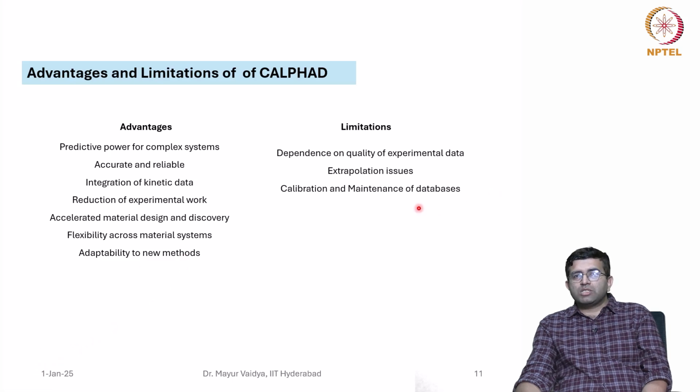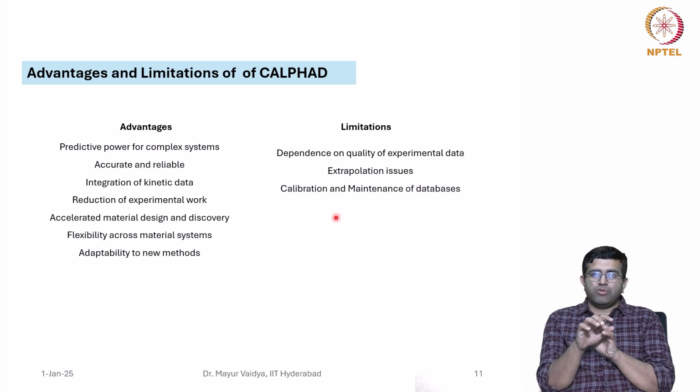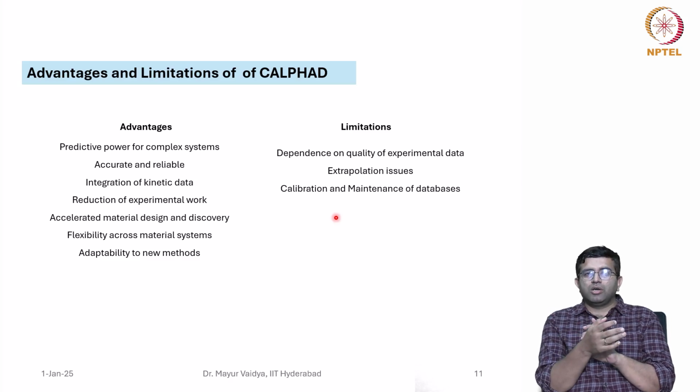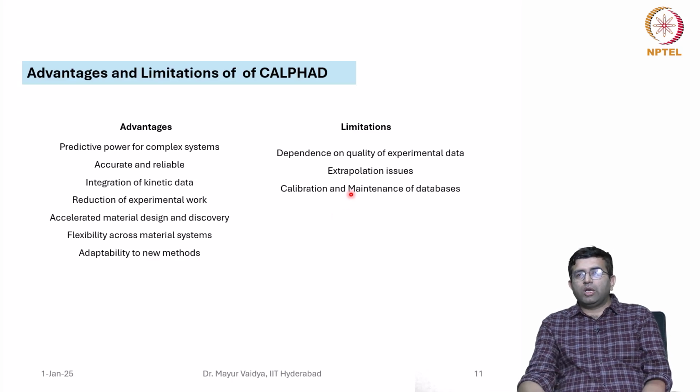Limitations: it depends on the quality of the experimental data. Sometimes there are extrapolation issues as well, and the calibration and maintenance of the database is also a tedious task, because we will see later that databases are the foundation on which the thermodynamic models are built. So, you need to regularly update these databases, and the quality of experimental data is also very, very important.